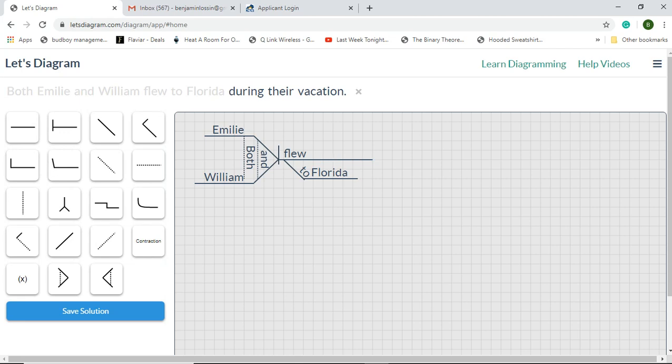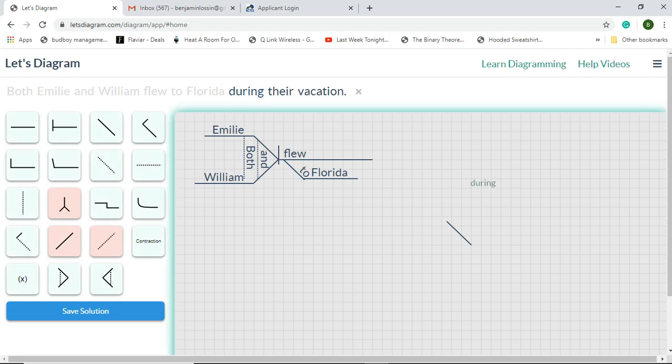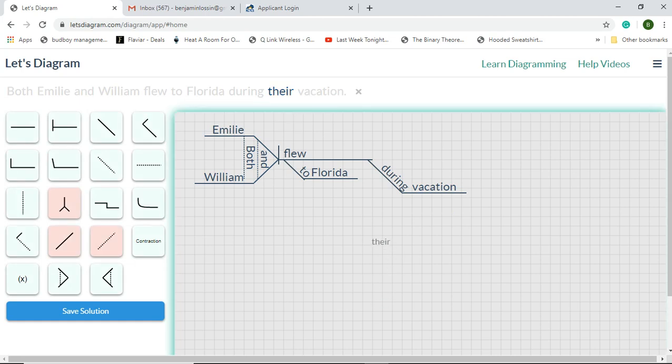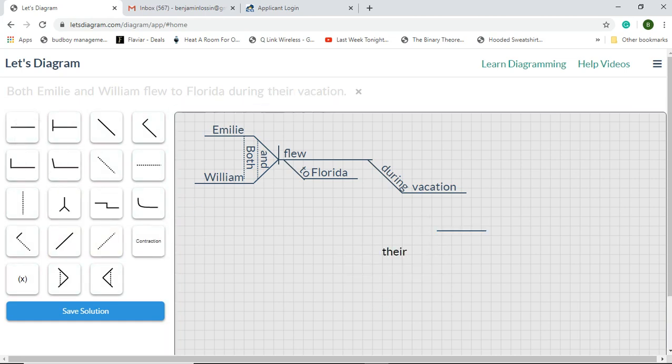And there's another prepositional phrase in here, during their vacation. During is the preposition. Vacation is the object of the preposition. And there is an adjective modifying vacation, the adjective in the prepositional phrase.